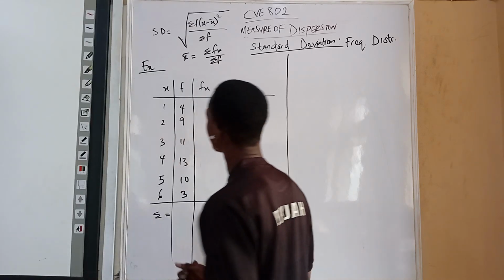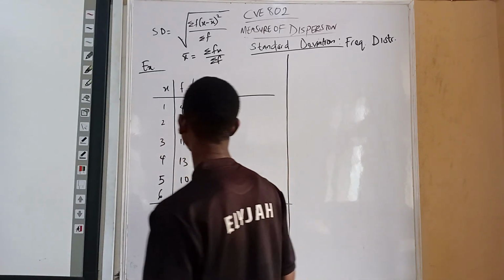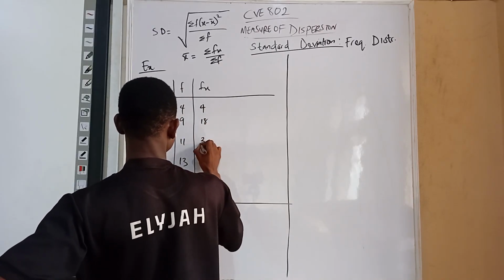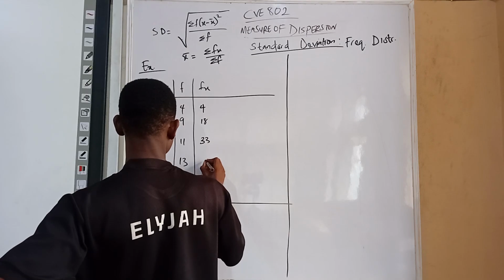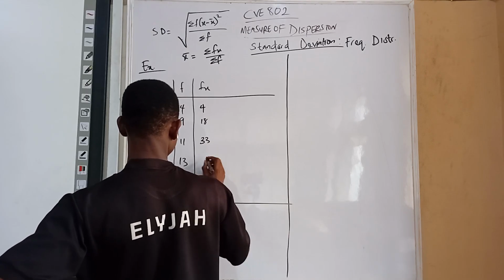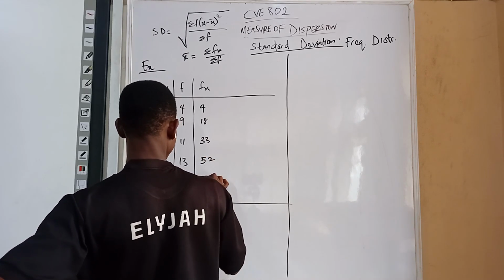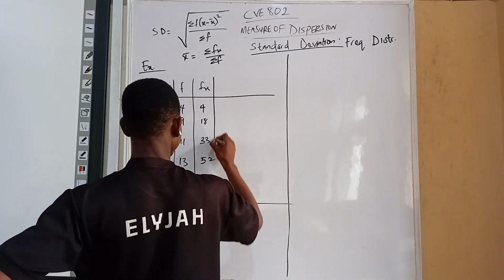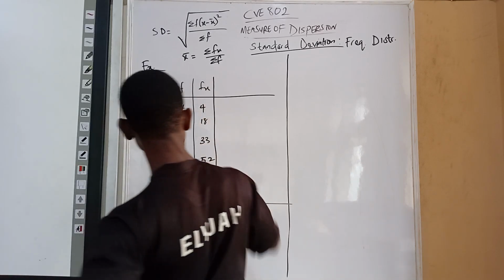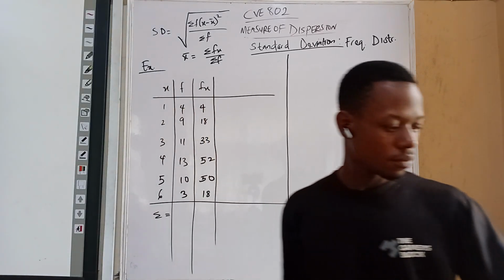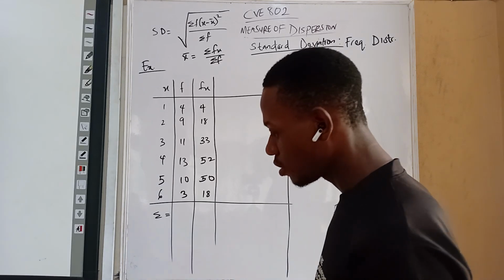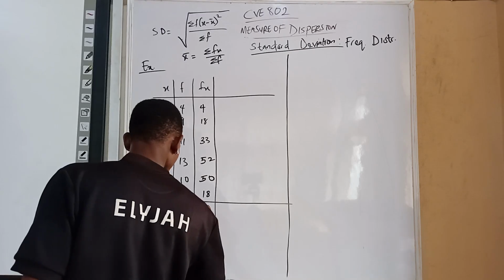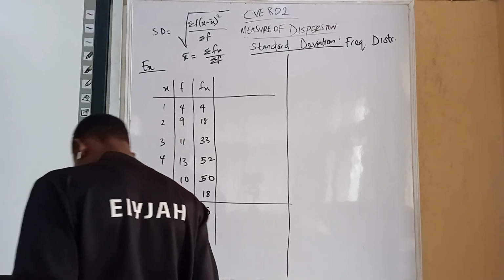So here fx: 1 times 4 is 4. 2 times 9 is 18, 3 times 11 is 33, 4 times 13 is 52, 5 times 10 is 50, 6 times 3 is 18. The addition of everything here gives us 175.